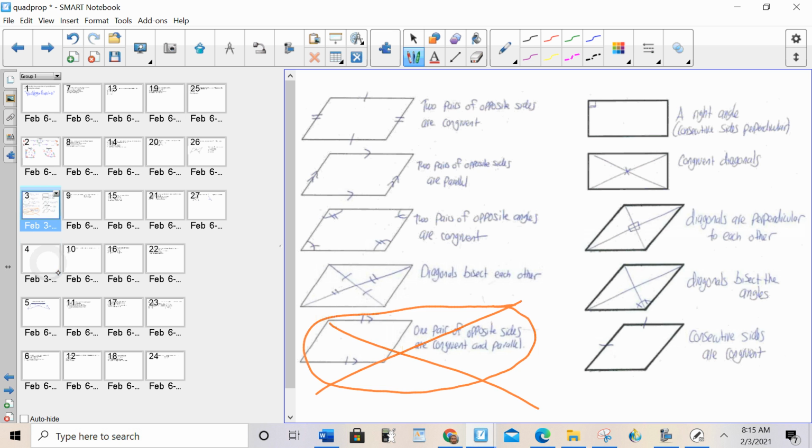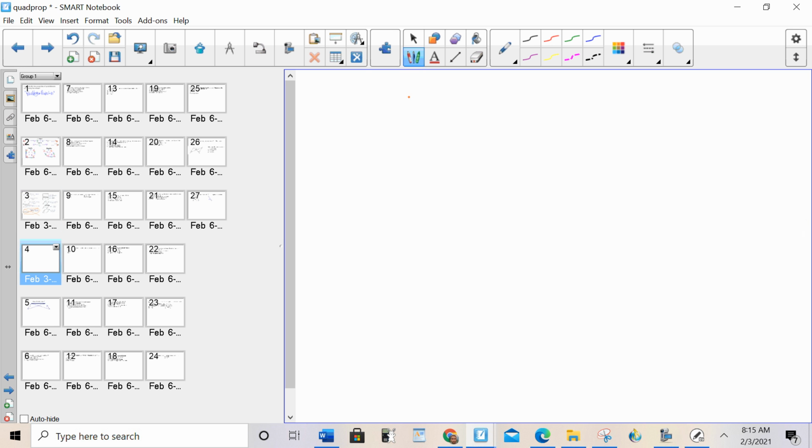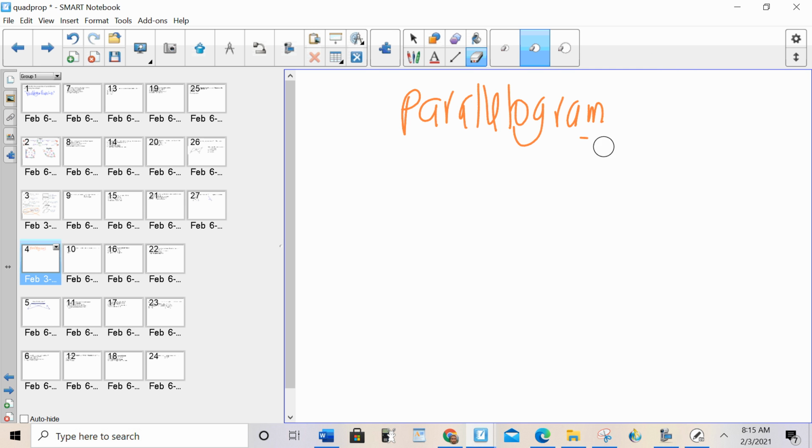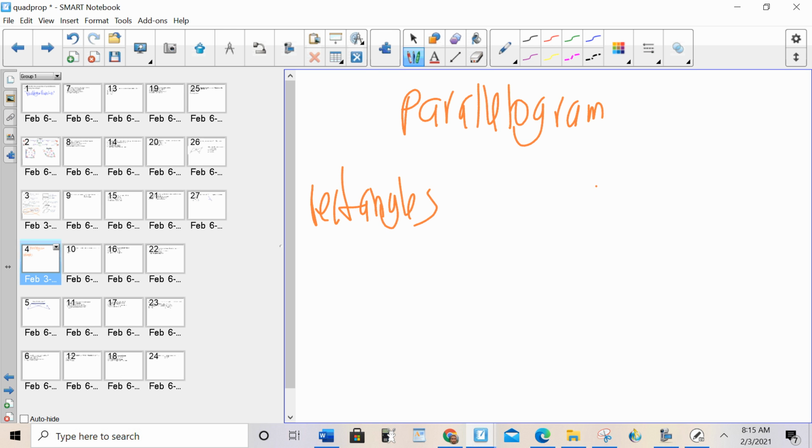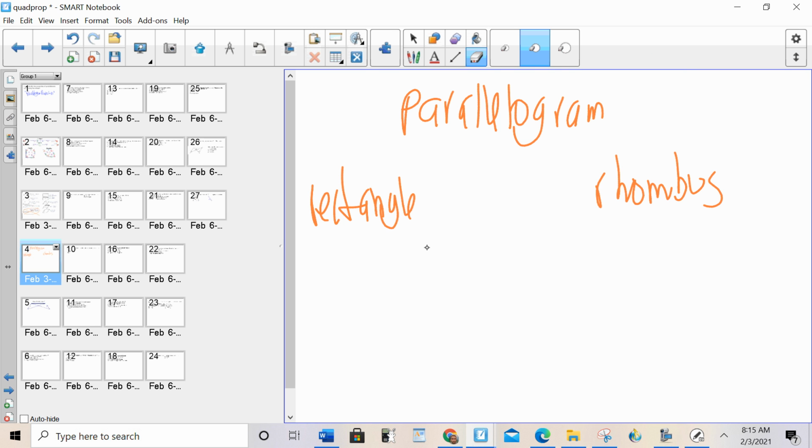So what that means is that all rectangles are parallelograms. It means that all rhombuses are parallelograms, and it means that all squares are parallelograms.